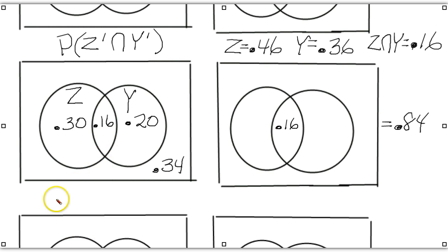And down here, for letter 2C, very similar to what's above, we're going to subtract from 1 the 0.30, and for 2C, you're going to get 0.70, and for 2D, once you color in Z and Y complement, and the intersection of that comes out to 0.30.